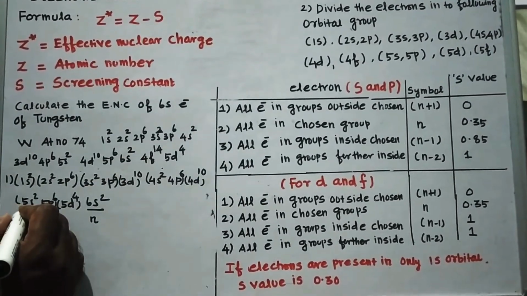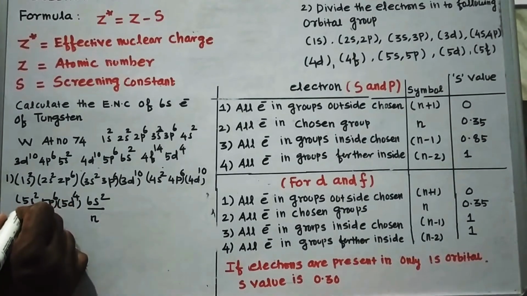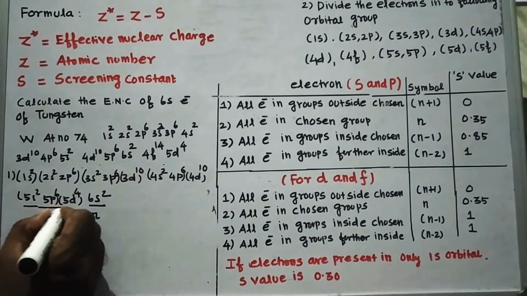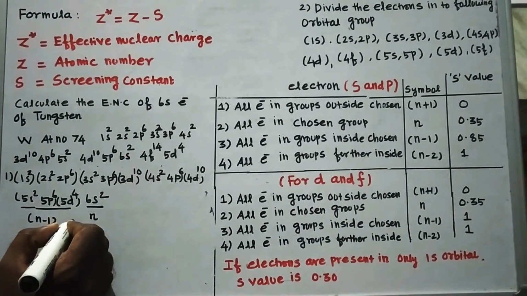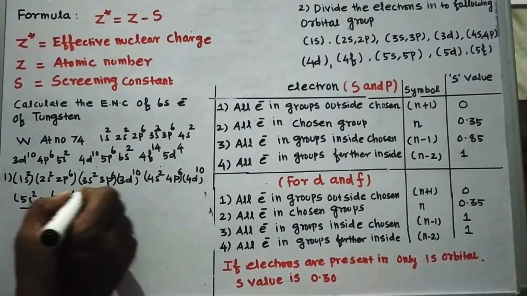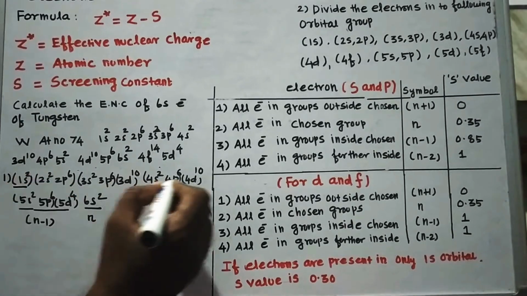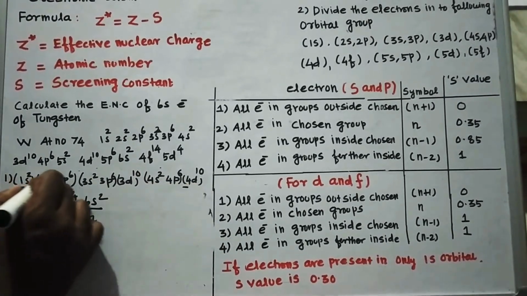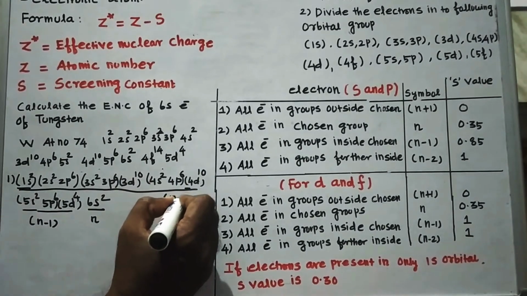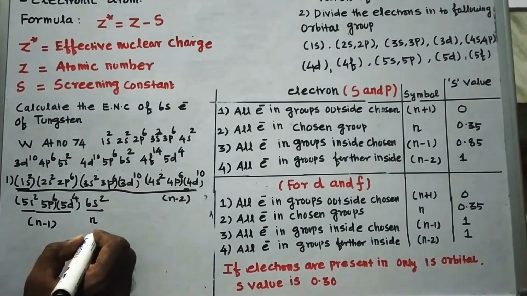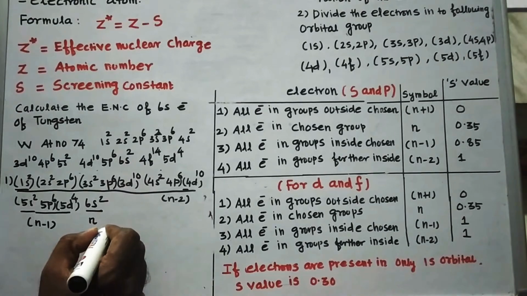Therefore, 5s2, 5p6 and 5d4 are all merged into a single group. Therefore, it is taken as the n minus 1th group. Then all the others from 1s2 up to 4d10 are taken as n minus 2.